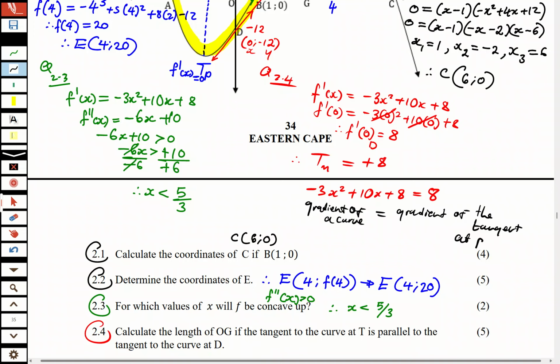At point x is equal to a, since we don't know x, so you say x is equal to a. That a stands for any constant there that you can ever have.